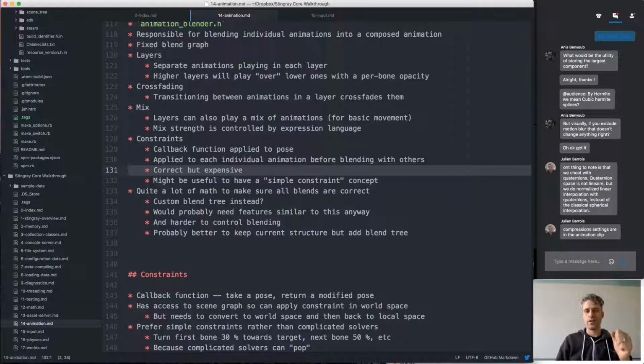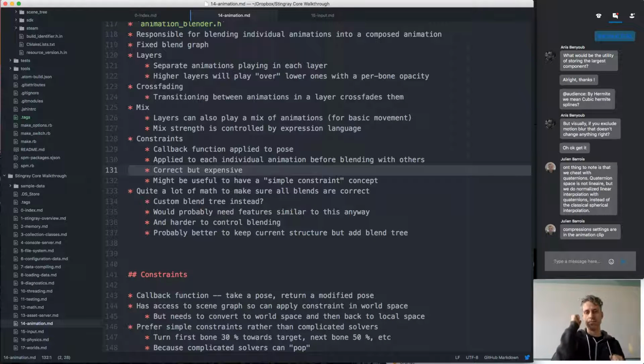So if you have a running animation and it transitions into an aiming animation which has a constraint like this, if we just applied the constraint full on, then it would be running like this, and then we would apply the constraint like this, so the constraint would apply immediately, and then we would blend over into the aim animation, which wouldn't be the correct way of blending.